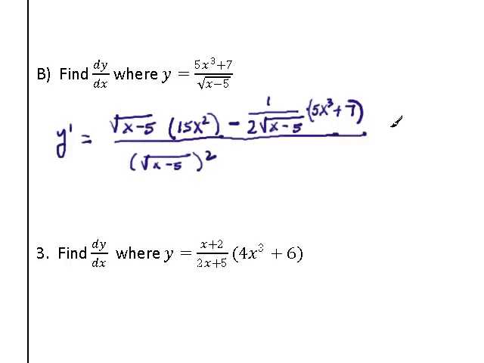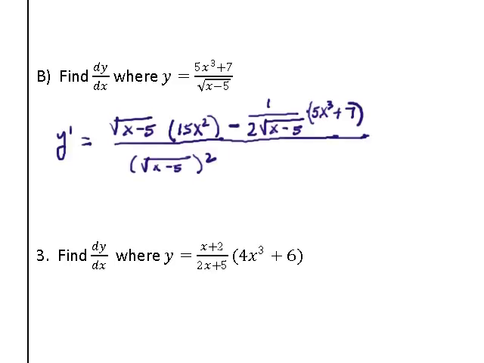And that's it. We won't simplify these unless we need to, unless we're using them further to answer another question. Otherwise, we'll just leave it like that without simplifying.